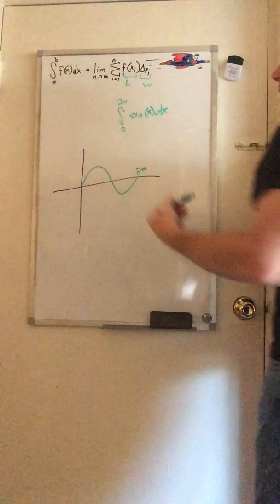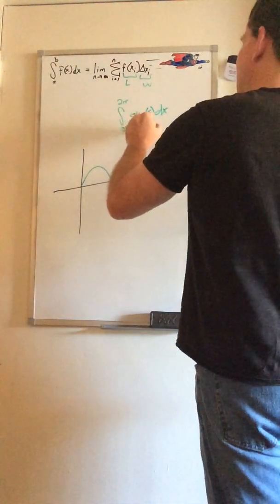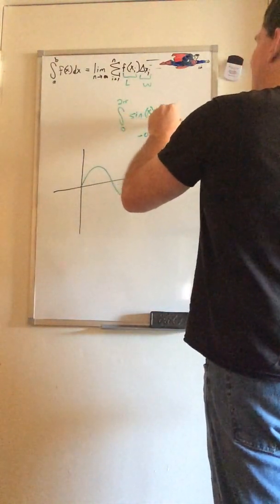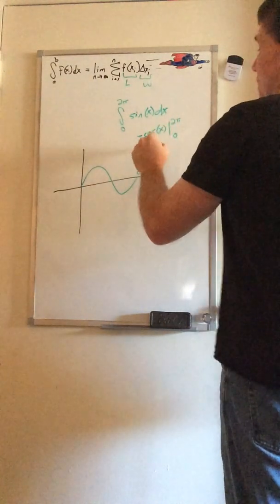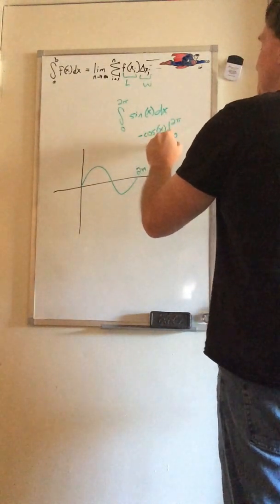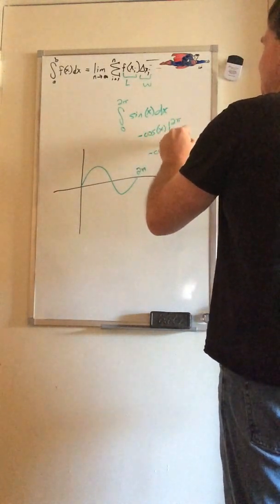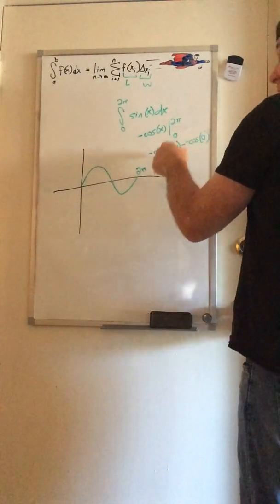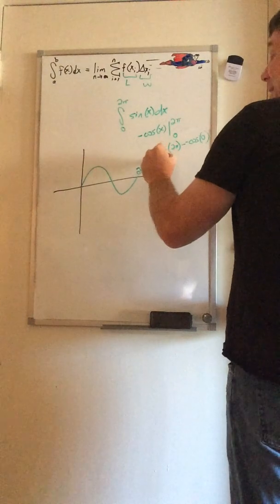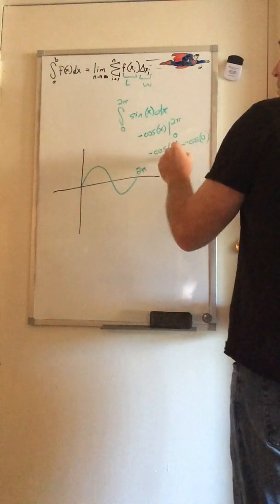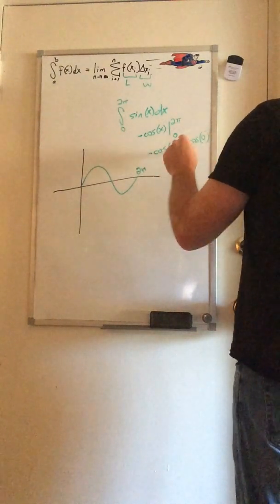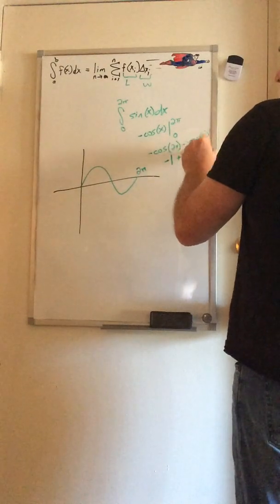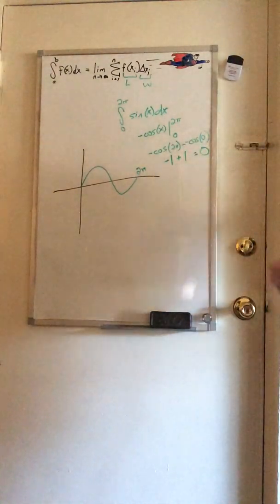And then the antiderivative of sine is negative cosine x, evaluated from 0 to 2 pi. That's negative cosine of 2 pi minus negative cosine of 0. Cosine of 2 pi is 1, so that's negative 1. Negative negative becomes plus. Cosine of 0 is 1. I get negative 1 plus 1, which is 0.